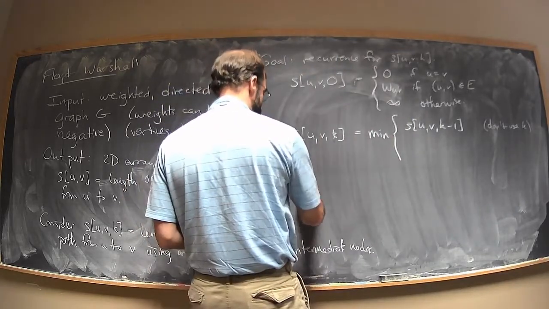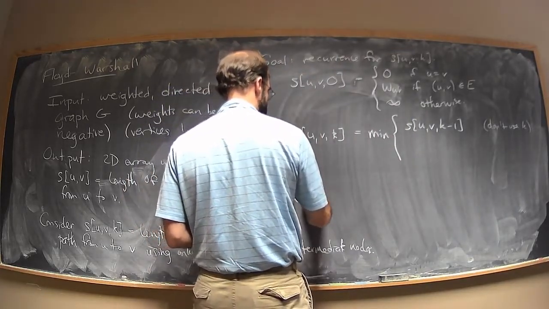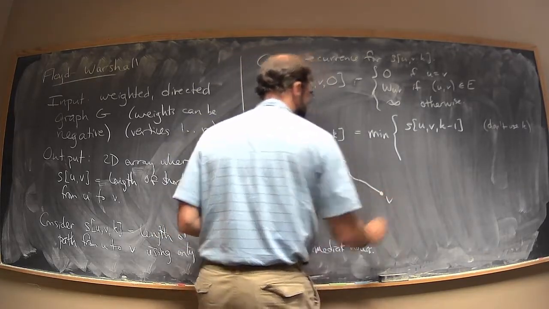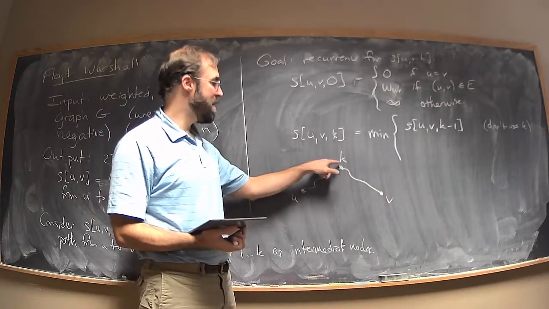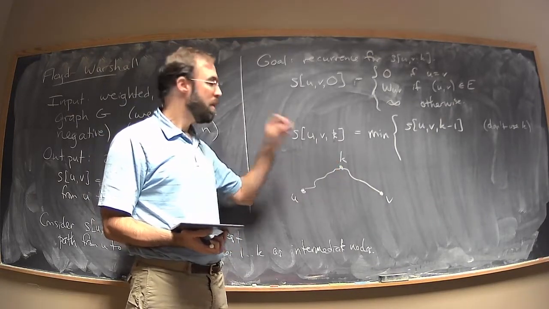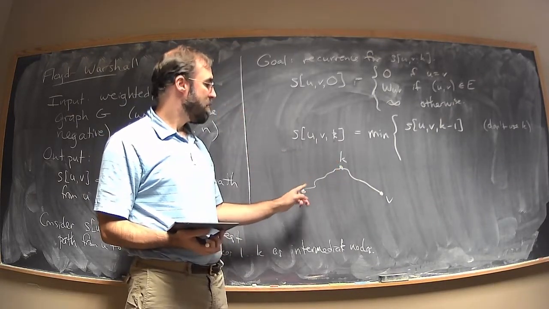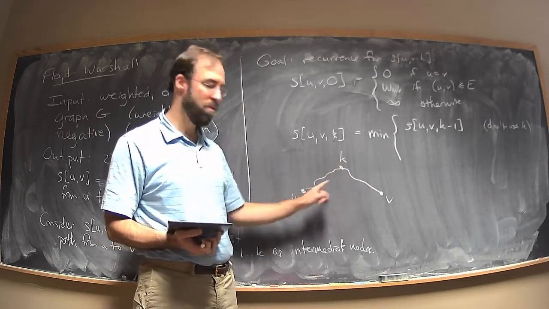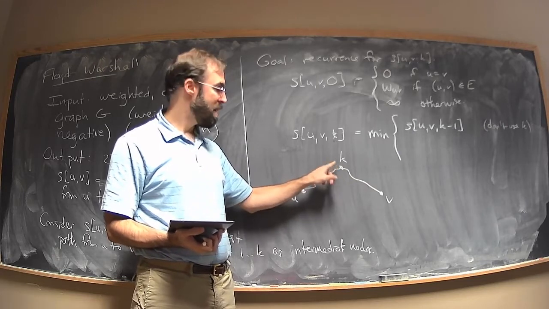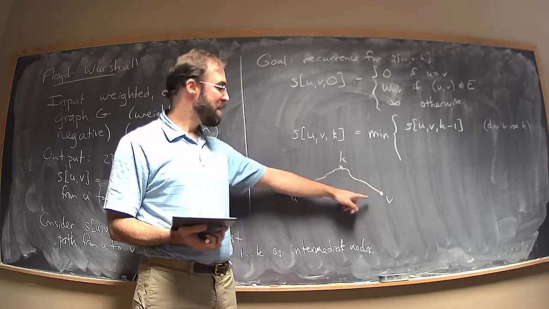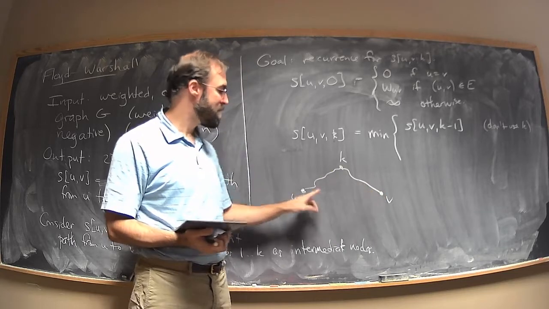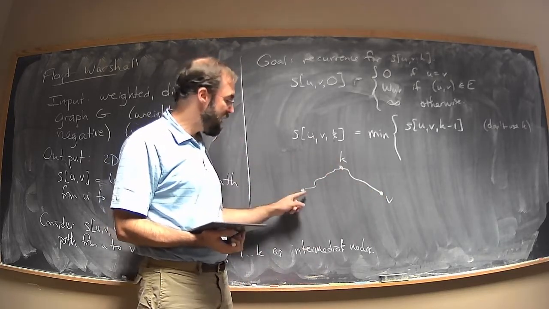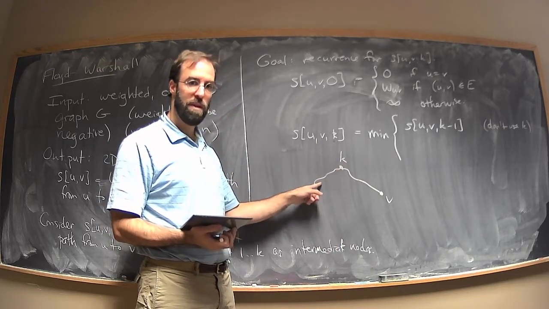I'm going to draw a picture here. It's going to be helpful. I'm looking for a path from u to v, and somewhere along the way I use vertex k. In that case, the best path from u to v through k is going to be composed of these two paths: one path from u to k, and one path from k to v. And clearly, the best overall is going to be the best thing from u to k plus the best thing from k to v. And this path from u to k won't use vertex k.